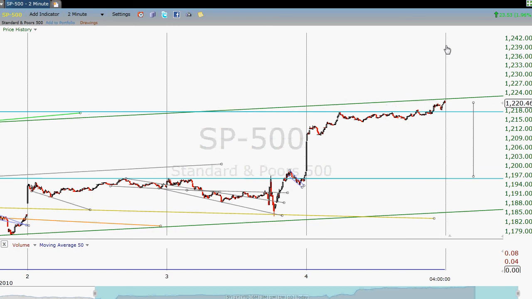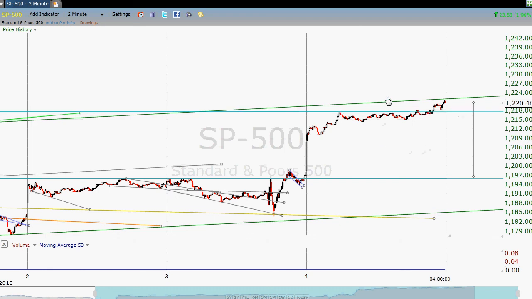It would not surprise me. I'm not saying this is going to happen because this line should be resistance. But it would not surprise me if we get over this line tomorrow and we blow out of this channel. And at that point, we will have turned this channel line into medium support, but I think we will have turned this old high from April 2010 also into support.